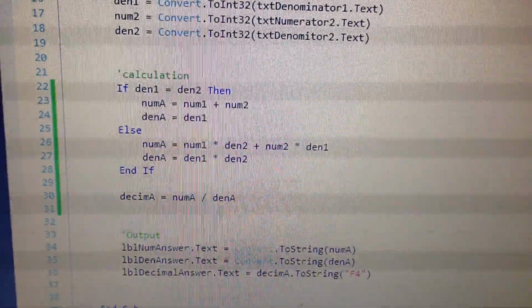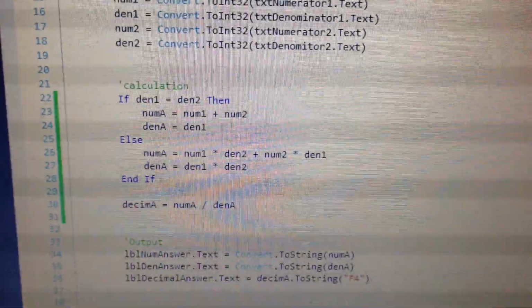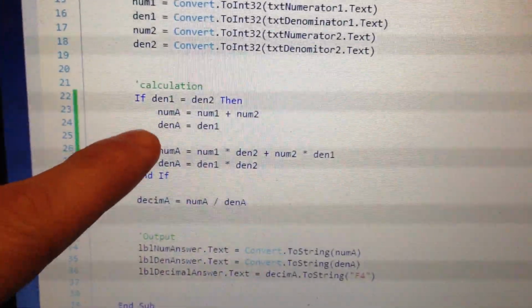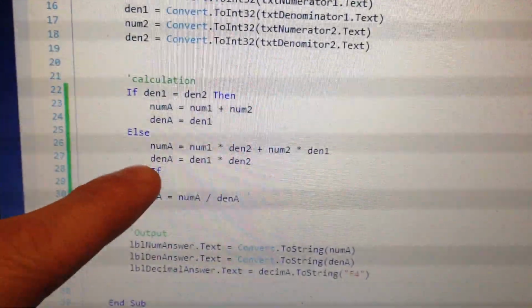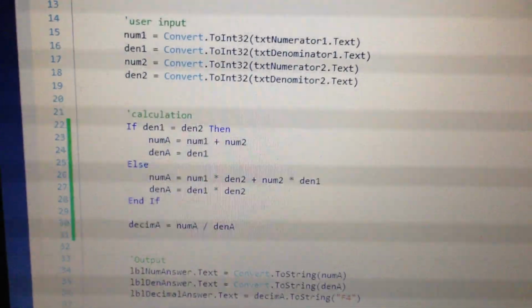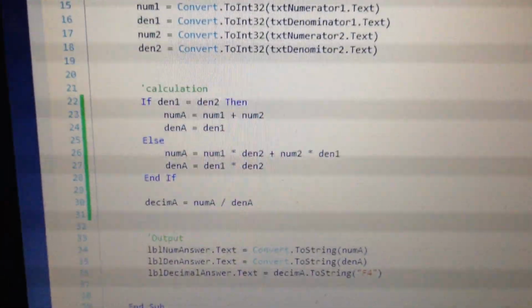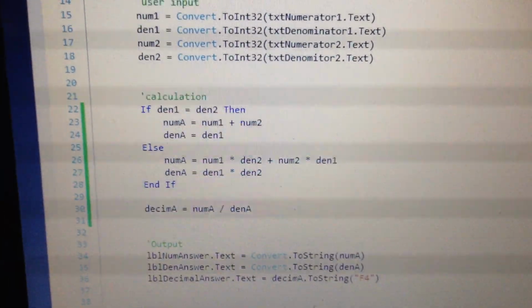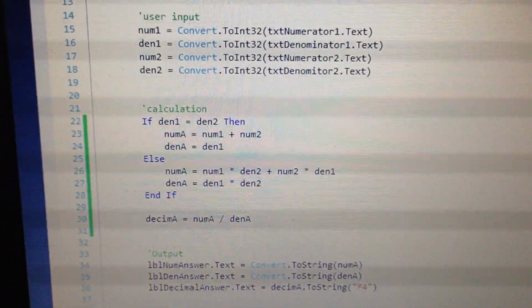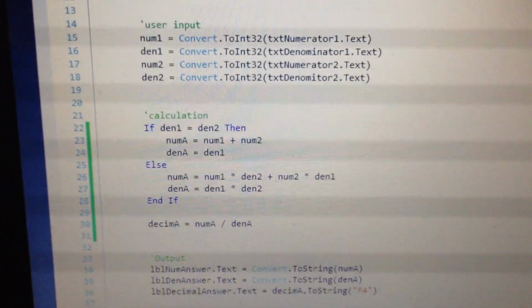Or else, in this case, we would have to find a common denominator. The easiest way to find a common denominator is den1 times den2. That'll give us a common denominator. Now for the numerator section, we'll have to add num1 times den2 plus num2 times den1.